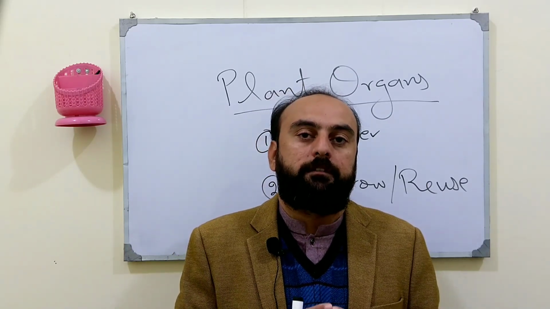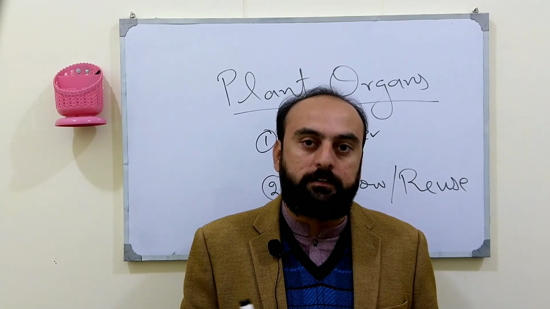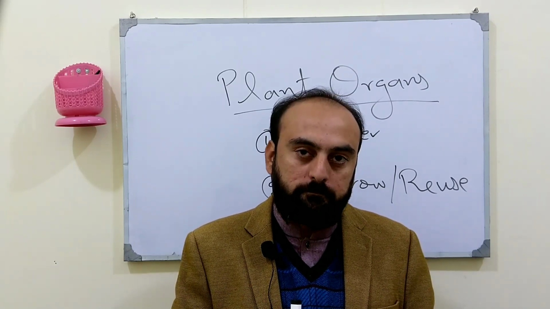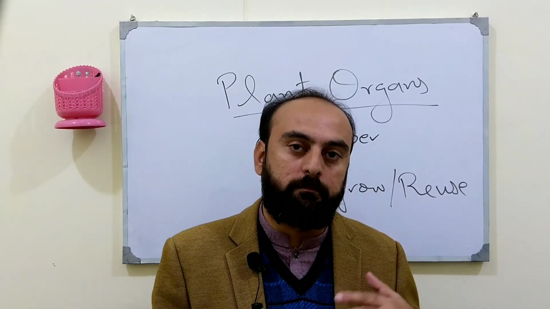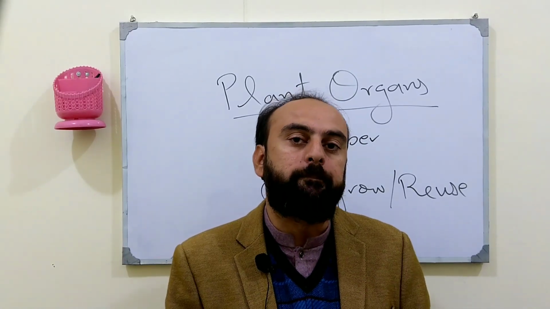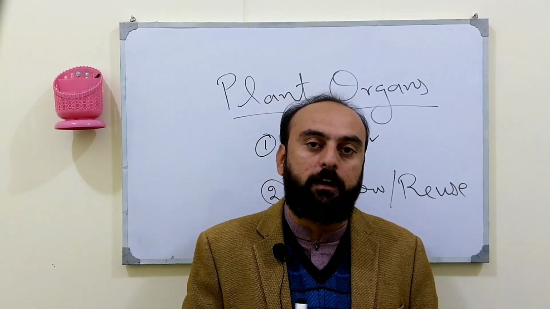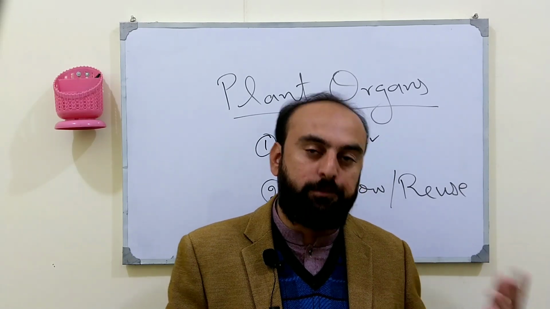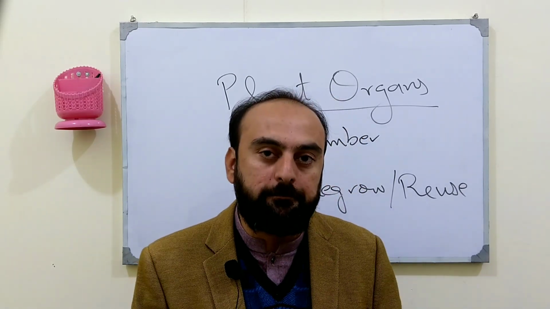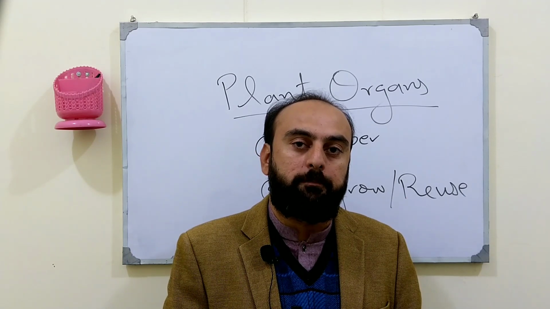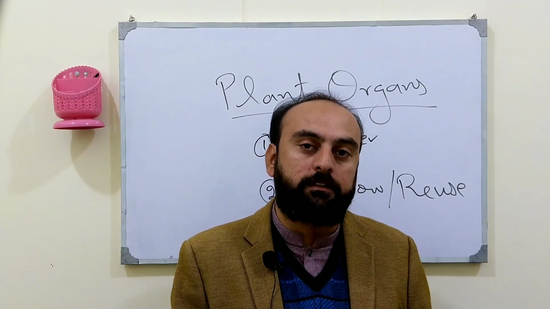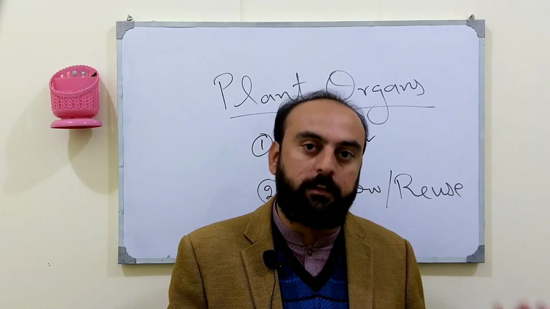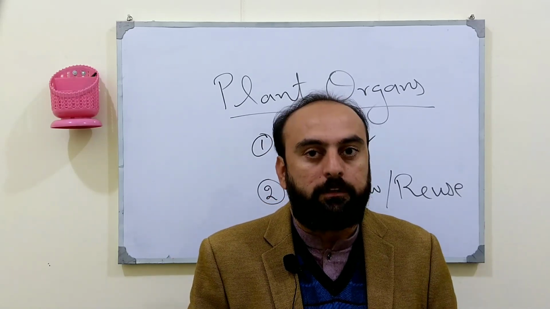However, plants can replace their organs and they do so during their growth cycle. For example, every year a deciduous plant can shed its leaves. Every year they produce many flowers and fruits, and next year again they flower and again they can produce fruits.